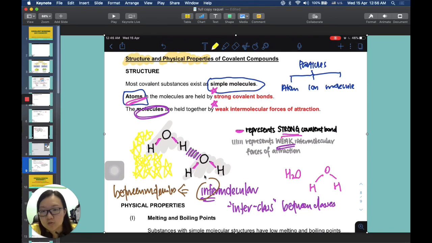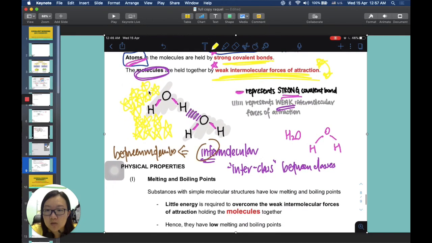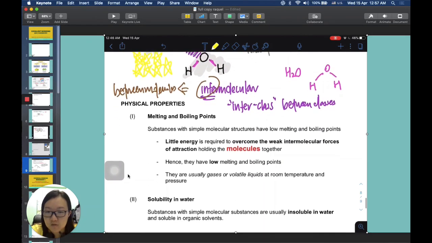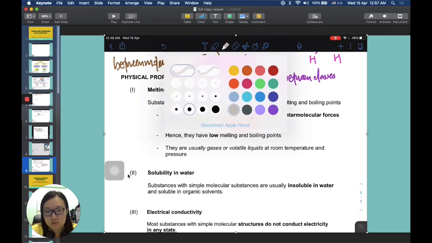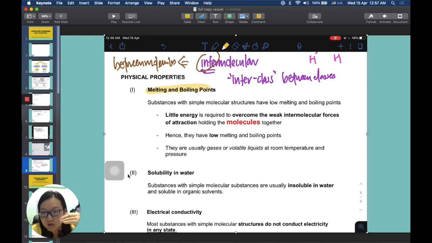Please draw a lot of stars for this, because students will always get confused by this: the difference between strong covalent bonds between atoms within the molecule versus weak intermolecular forces of attraction between the molecules. It's very different. If you are confused, please go back and play the video again.